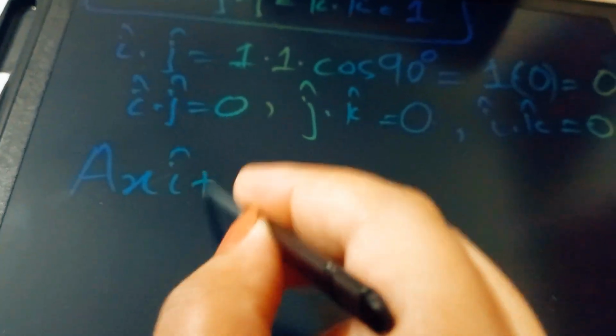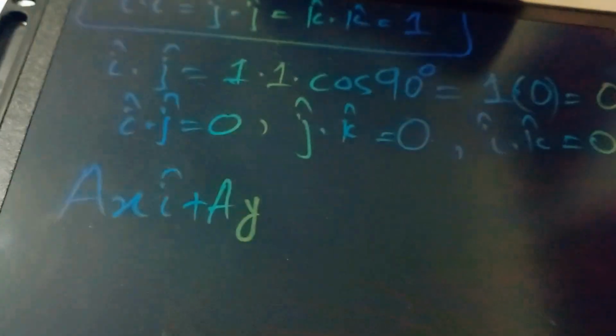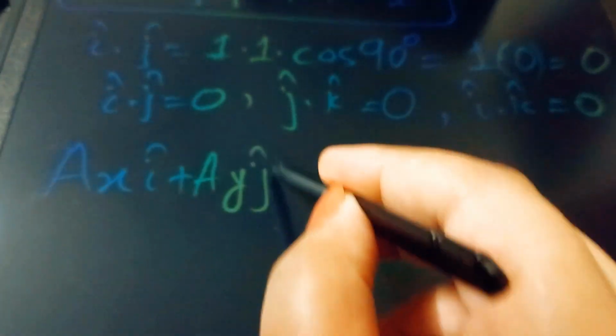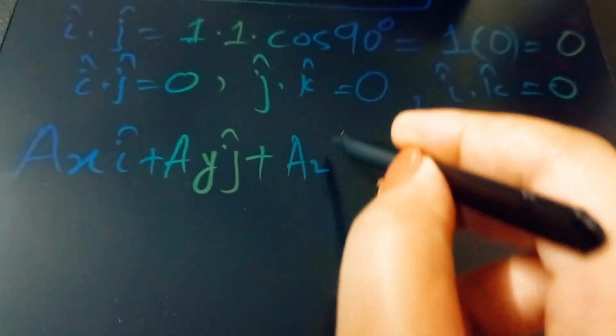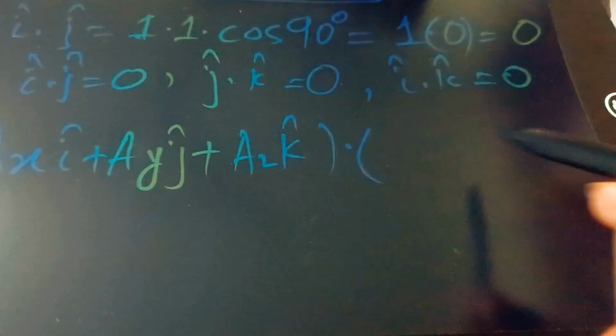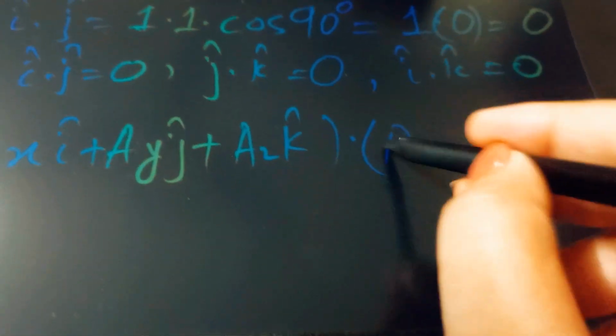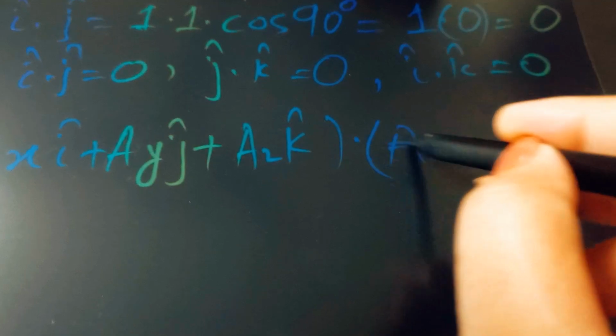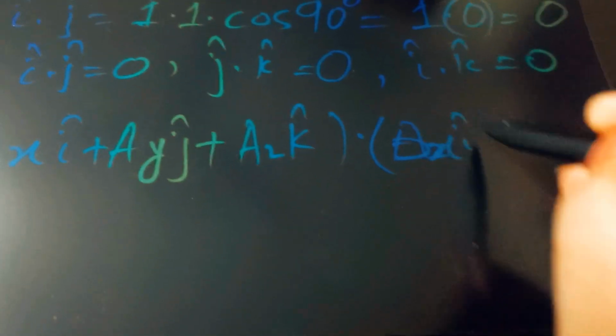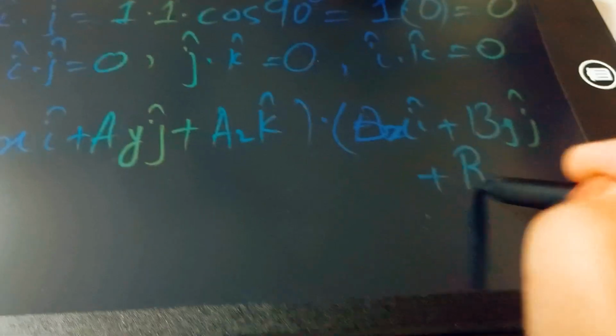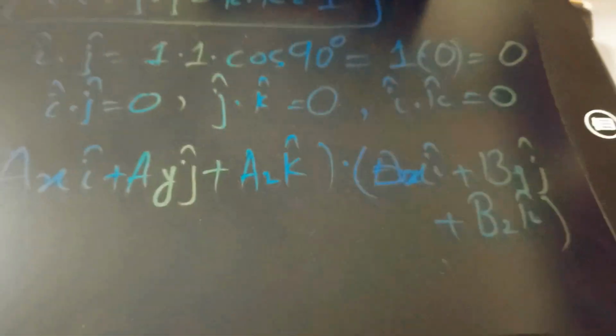We can very easily prove the resultant formula that I wrote for you to calculate the dot product by the conventional method of multiplication. It's bx i hat plus by j hat plus bz k hat.